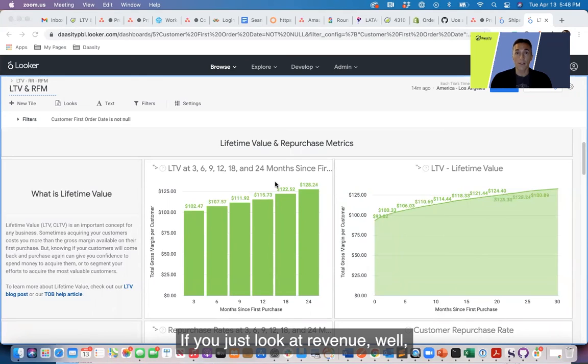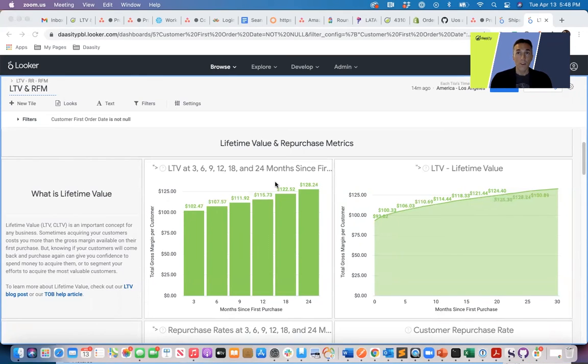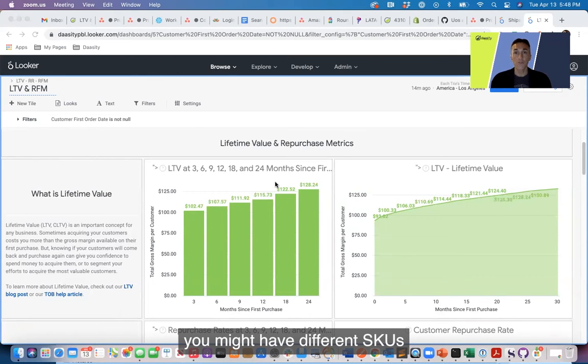If you just look at revenue, well, you might have different SKUs that have wildly different costs associated with them. So if you're just looking at gross sales or net sales over time for customers, you might see that customer group A has a higher lifetime value than customer group B. But if you're just looking at revenue, those numbers may completely switch once you take into account cost of SKUs and fulfillment costs.